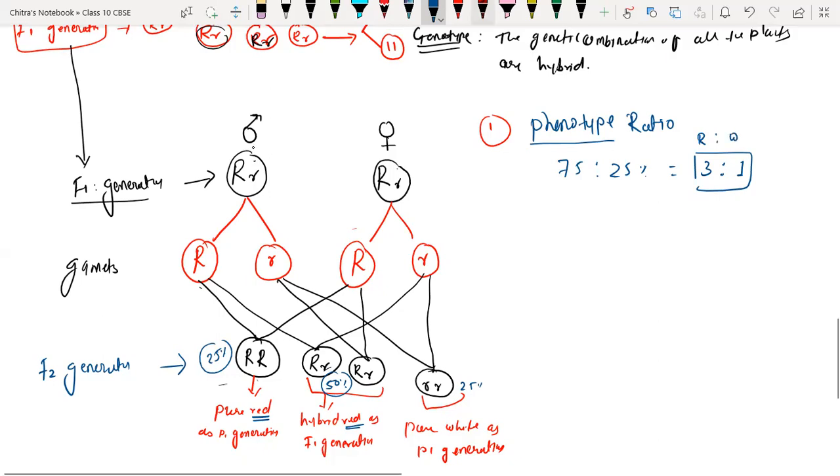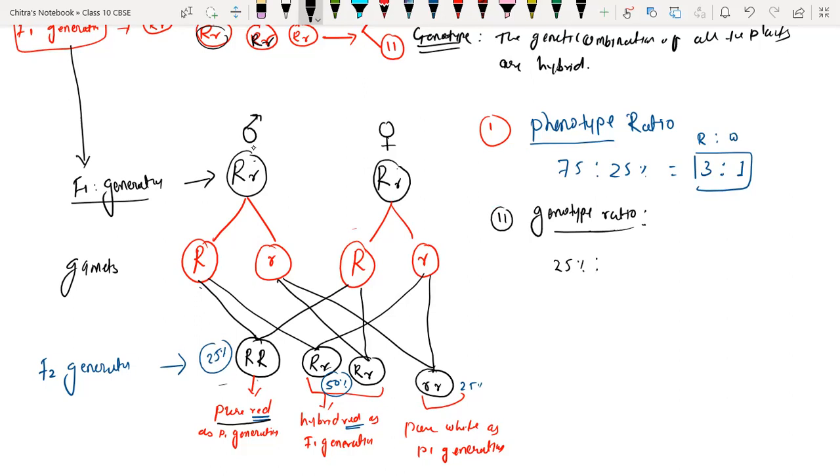Now second, I'm going to write here the genotypic ratio for the F2 generation. Genotypic ratio. So what will the genotypic ratio for the F2 generation be? See here, we have pure red, which is 25%. Then we have hybrid red, which is 50%.